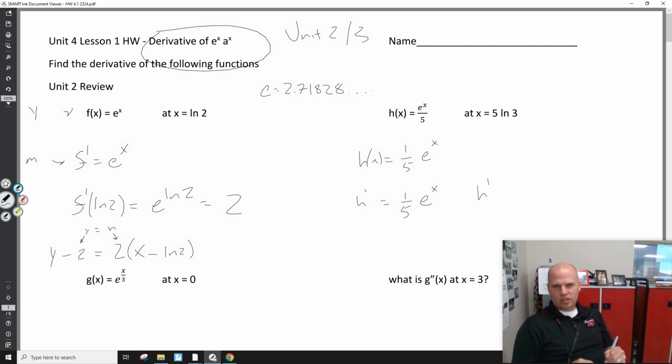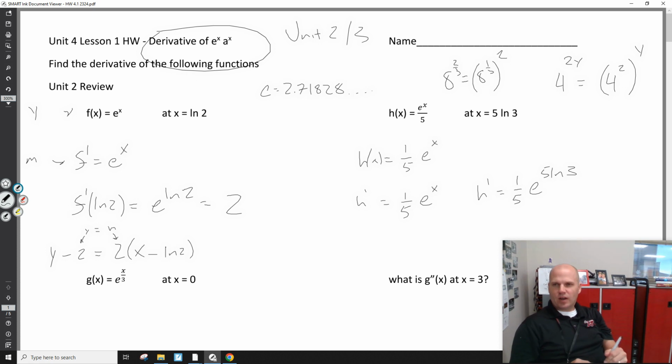Now, I gave you a challenge here. What happens if you plug in 5 log 3? Well, you were told that e to the log 3 is 3, like e to the log 2 is 2. But what happens if we have a 5 here? This is kind of confusing for a lot of students, but if I had, say, 4 to the 2y, we can use exponent properties similar to what we did with 8 to the 2/3, how we rewrote that as 8 to the 1/3 squared, because when you have a power to a power, you multiply.